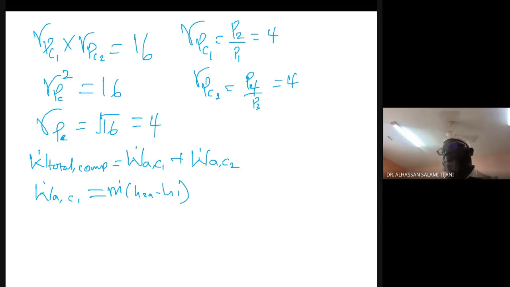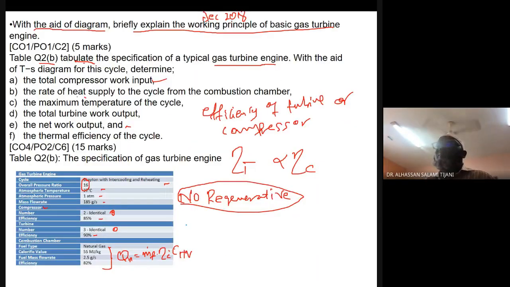So now, since this is an ideal gas, we can write it as mass flow rate times specific heat capacity of the air times T2A minus T1. Similarly, now we need to determine T2A, because T1 is given.